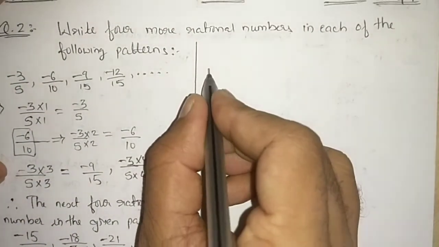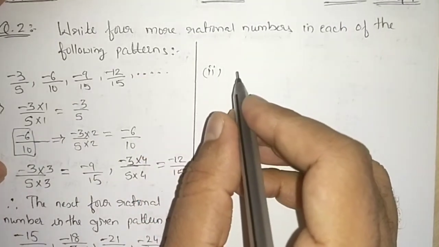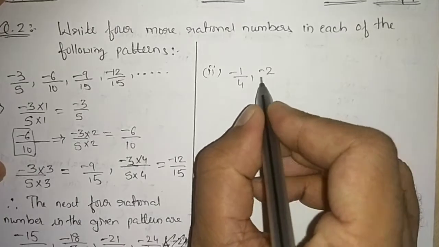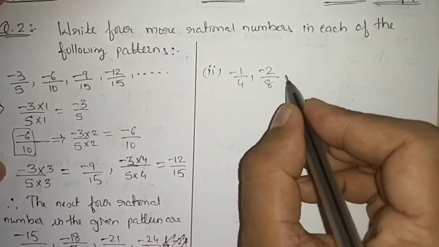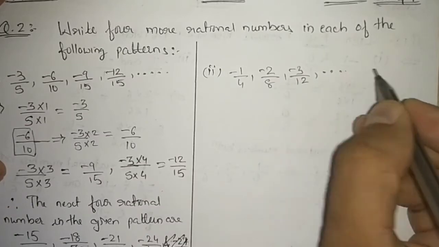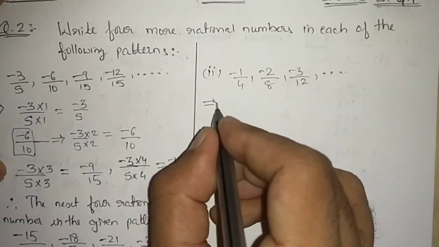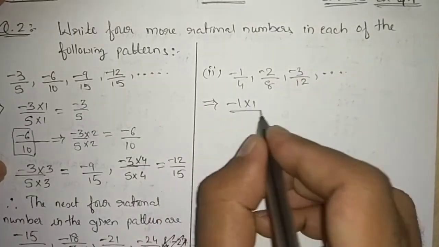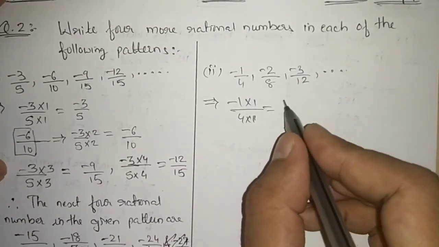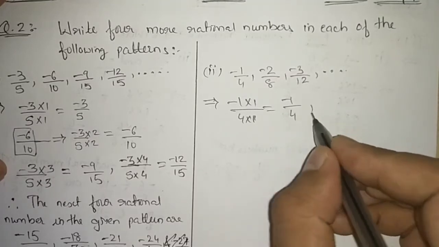Now coming to the second part. Second part is minus 1 by 4, minus 2 by 8, minus 3 by 12, and so on. Observe the pattern. First we will write numerator and denominator multiplied by 1. We got minus 1 by 4.